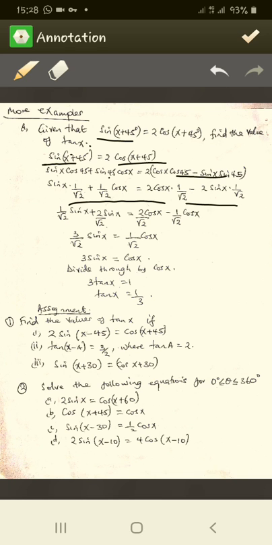Then when we put in the special angles, we can collect like terms. This 2 sin x times 1 out of root 2, which is the same as root 2 out of 2, it can come to find this sin x, and that's what I have done here. Then I take this across, it becomes a negative. That's why it becomes 2 cos x out of 2, minus 1 out of root 2 cos x.